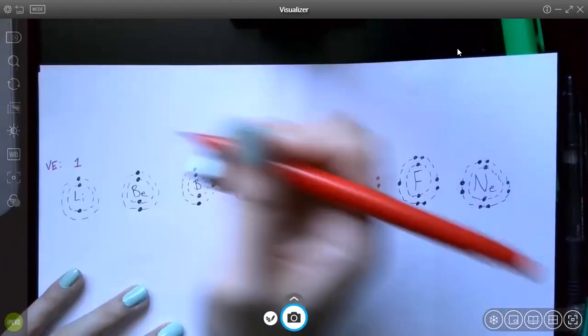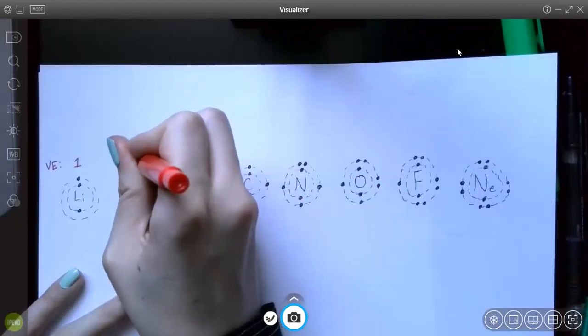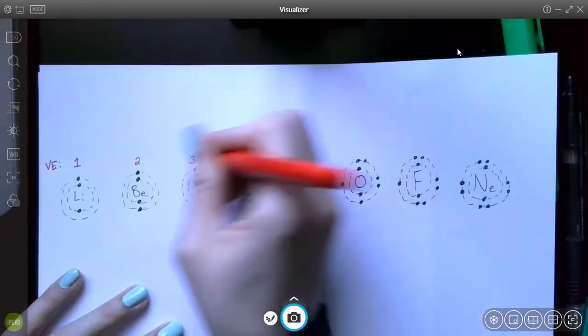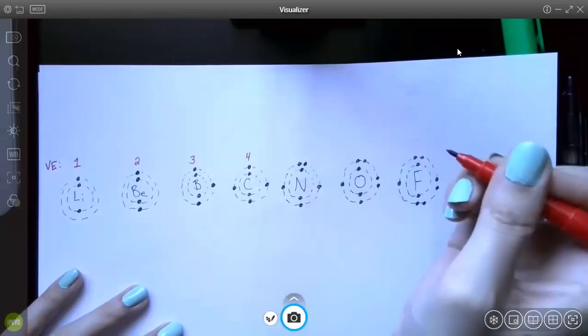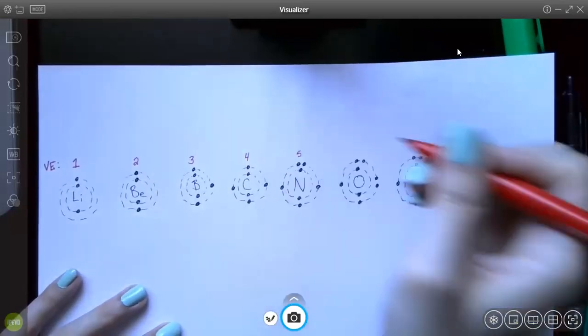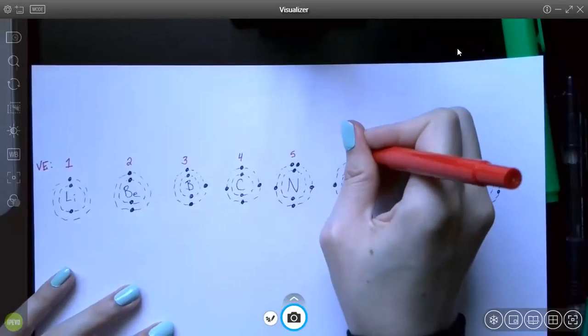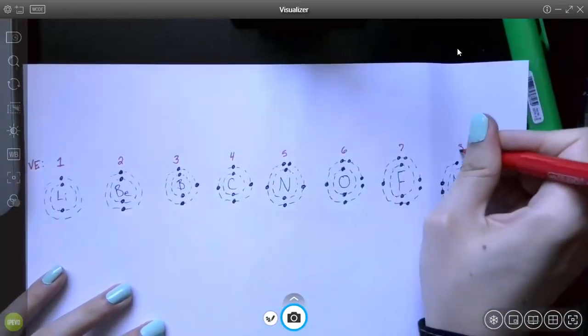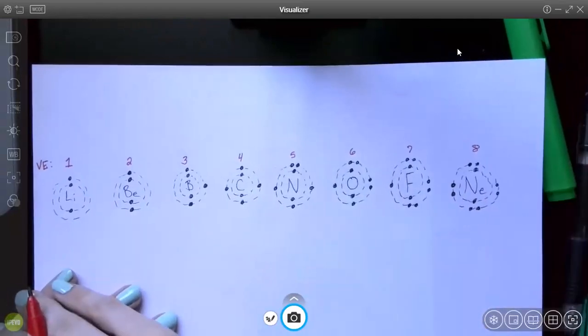So anything in group 1 has 1 valence electron, group 2 has 2 valence electrons, group 13 has 3, 4 in 14, 5 in group 15, 6 in group 16, 7 in group 17, and 8 in group 18.